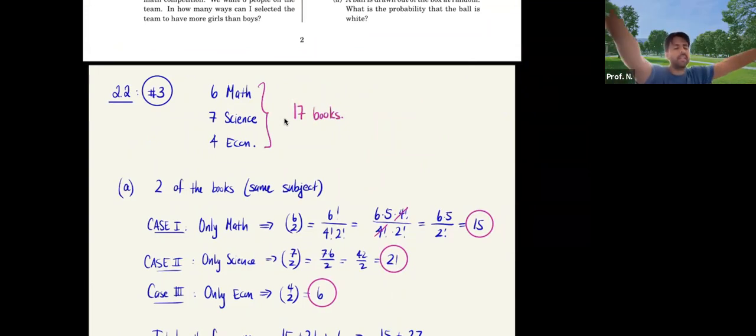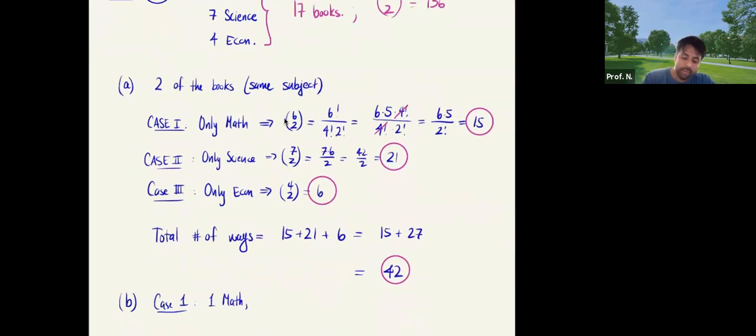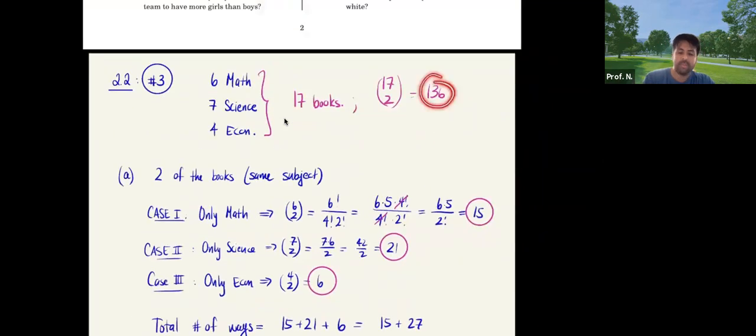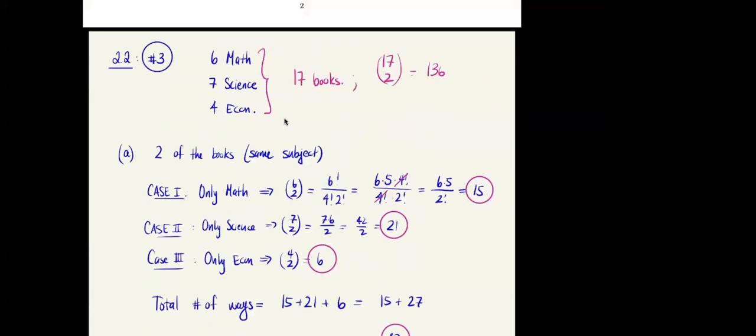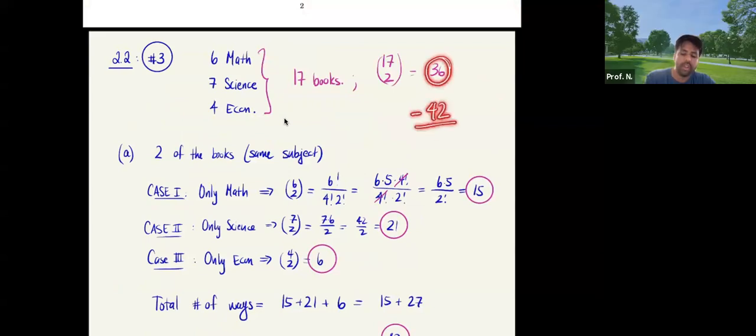How many ways can I select 2 books from 17? 17 choose 2, which is 136 different ways. 42 of these 136 ways have all the same subject. The complement of having the same subject is having different subjects. So it makes sense to subtract 42 from 136, and you also get 94.